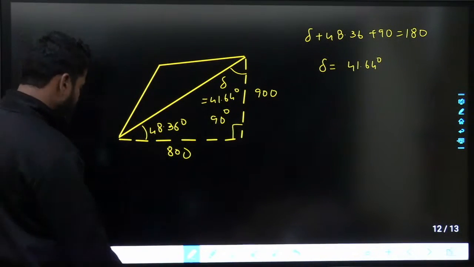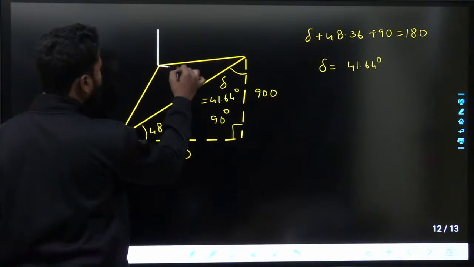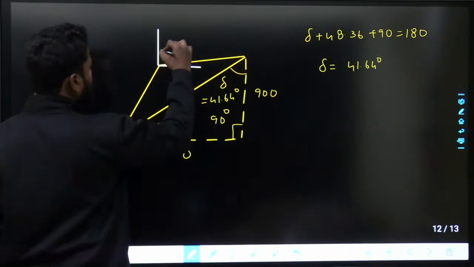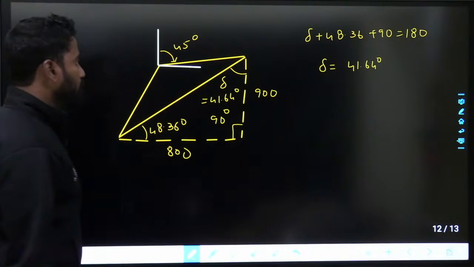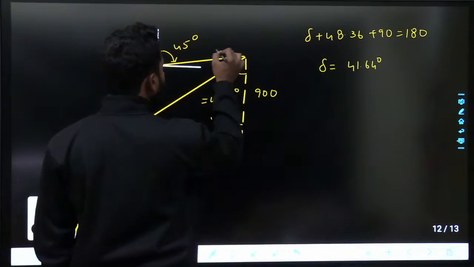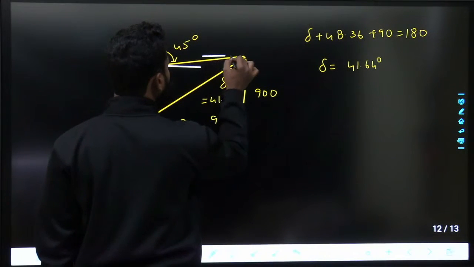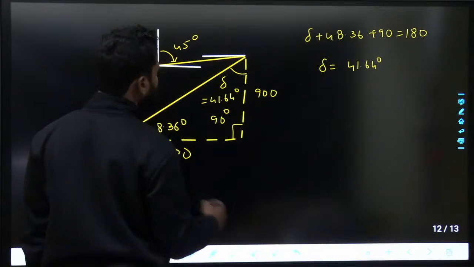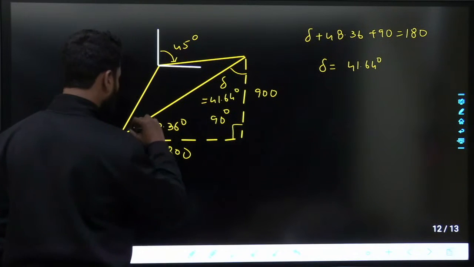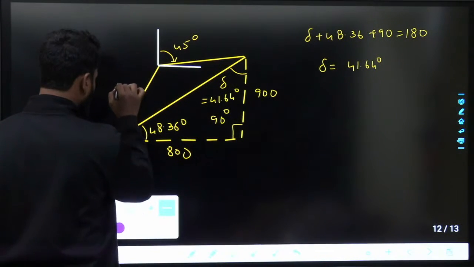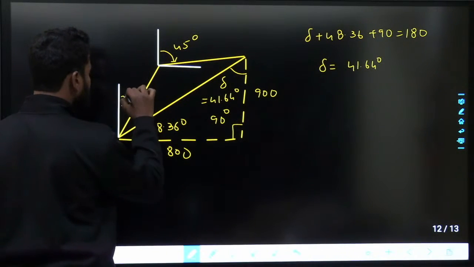Fine. This angle is 41.64 degrees, and we know this is 45 degrees. With respect to horizontal, this line makes an angle of 45 degrees, right? This angle is 30 degrees.